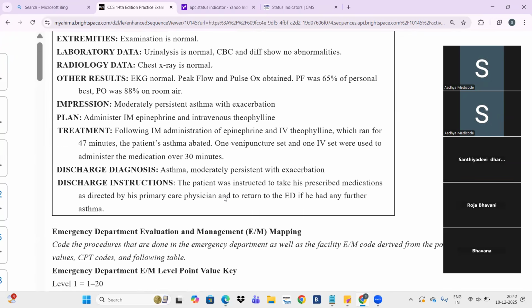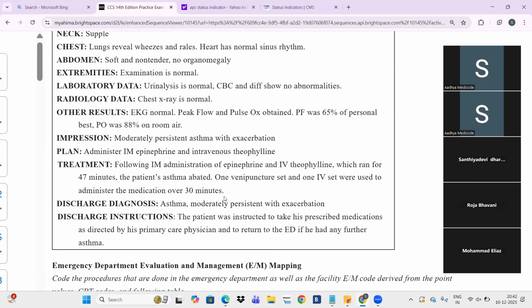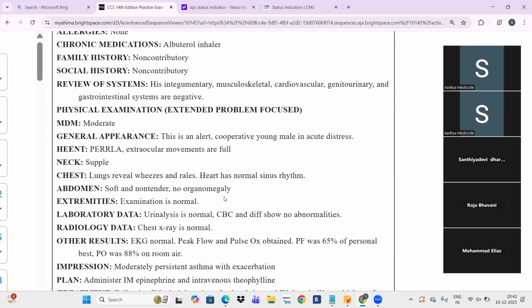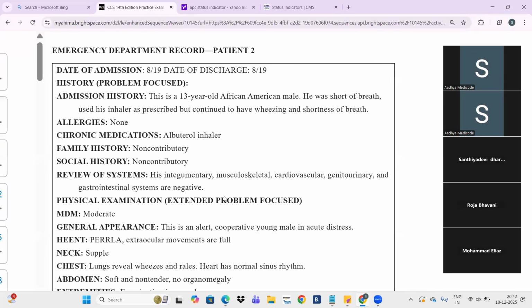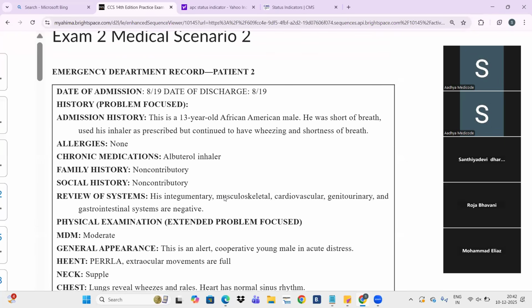Moderate persistent asthma with exacerbation should be the PDX, not the symptoms, right? Not the SOB, wheezing and all. The reason of the admission has a related established diagnosis already found, so can you code SOB, wheezing? No, sir, because they are symptoms of the condition.